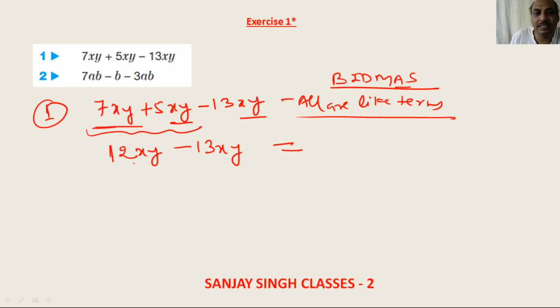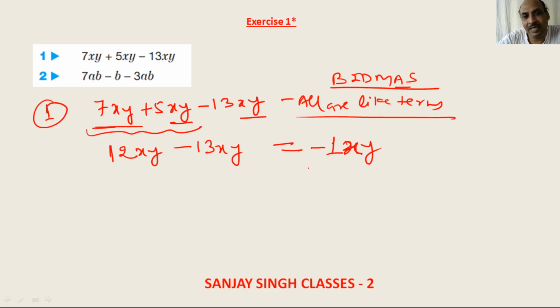We know that if one is plus, another one is minus, compulsorily there will be subtraction. So 13 minus 12 will give 1. Which is bigger number? This 13 is bigger number, its sign is minus, so here sign will become minus 1xy.